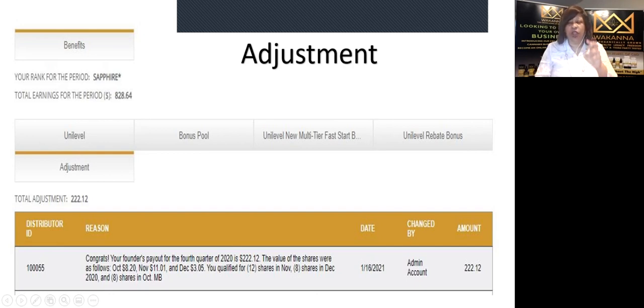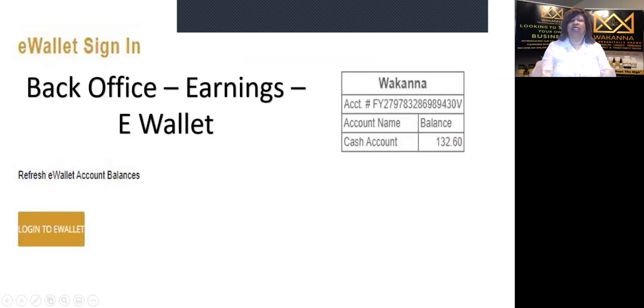So you can back up and do the check and balance, make sure the numbers are right. You are able to do that just by looking in your back office. And then once all that's done, that history of monies transfers into your e-wallet.